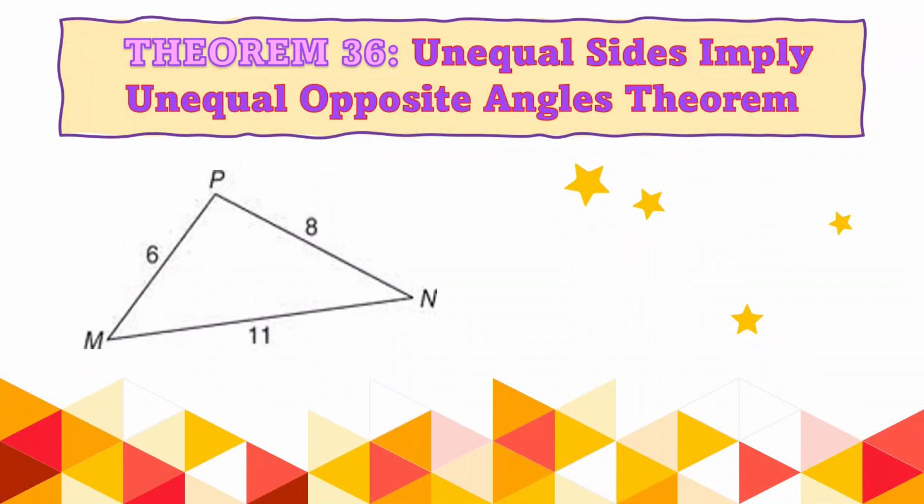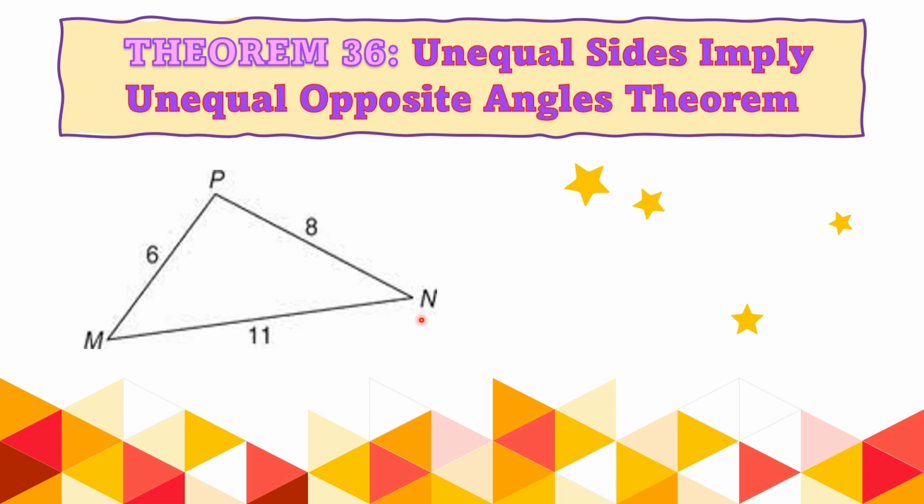In triangle MPN, we have noticed that we have unequal measurements of sides. Therefore, the angles opposite each side also have unequal measurements. Based on Theorem 36, angle P is the largest angle. Why? Because it is the opposite angle of the longest side, which is side MN.